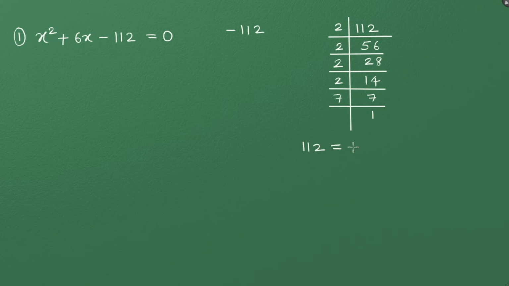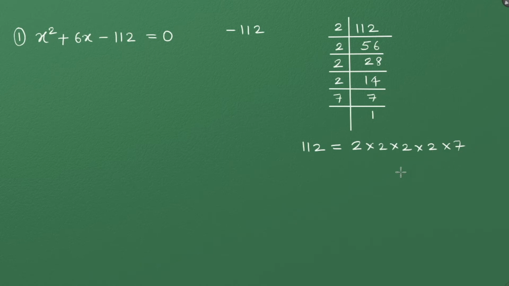So we have got 2 multiplied by 2 multiplied by 2 multiplied by 7. Now we have to get those two numbers from these numbers. That is, we have to group it up.